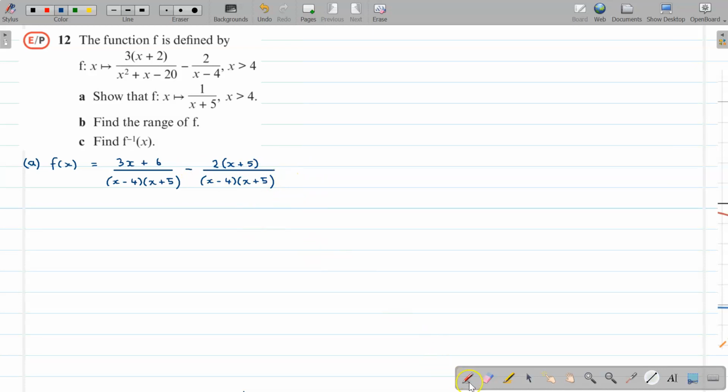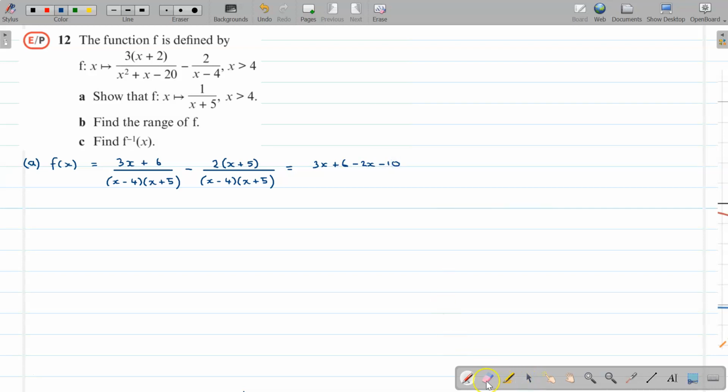Okay, and I can now say that the subtraction of those two could be combined into a single fraction with a numerator of 3x plus 6 minus, let's put the whole thing in full, 3x plus 6 minus 2x minus 10.